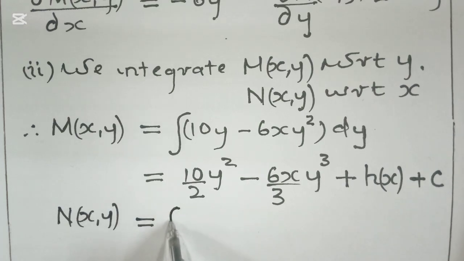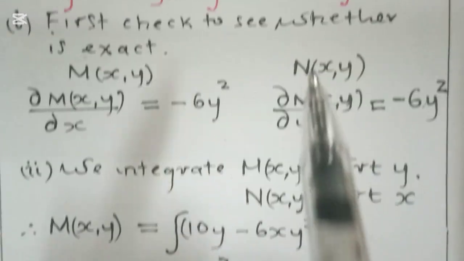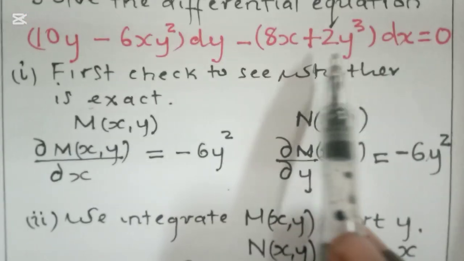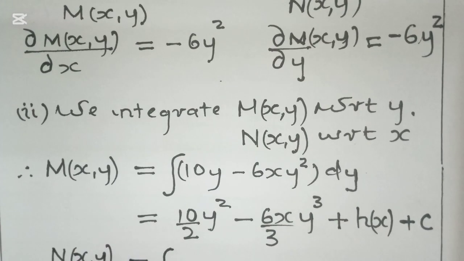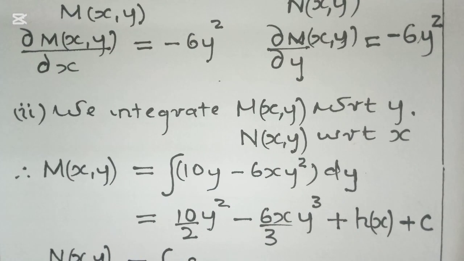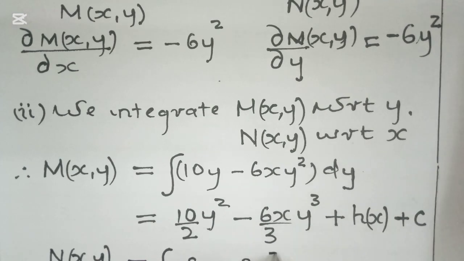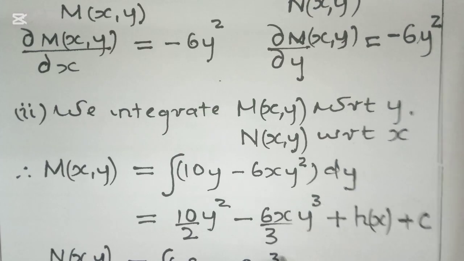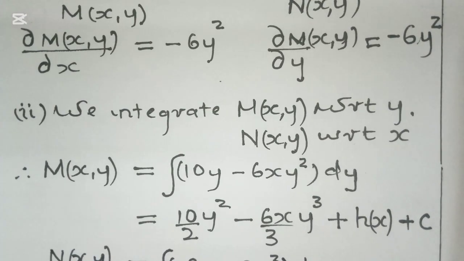So we'll have the integral of 8x, this is now going to be minus 8x minus 2y cubed. So this is minus 8x minus 2y cubed. Guys, we integrate that with respect to dx.